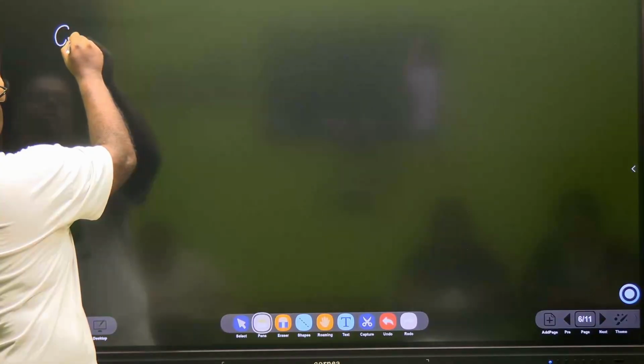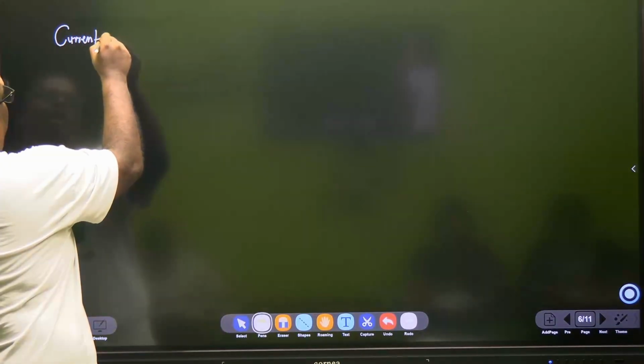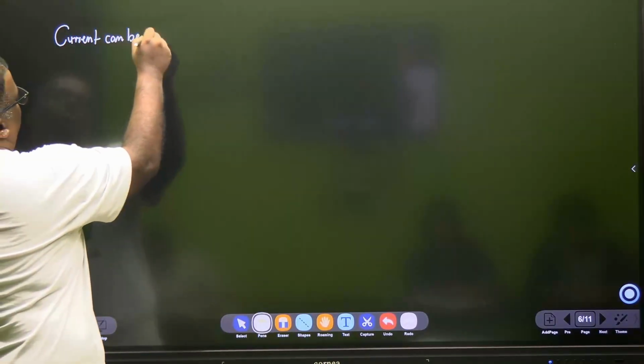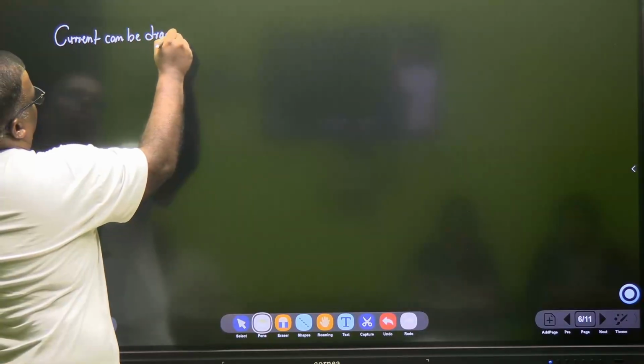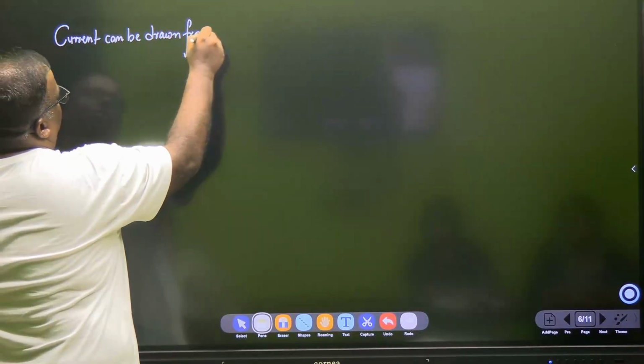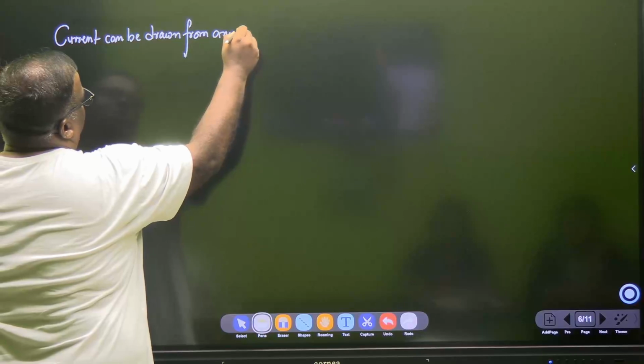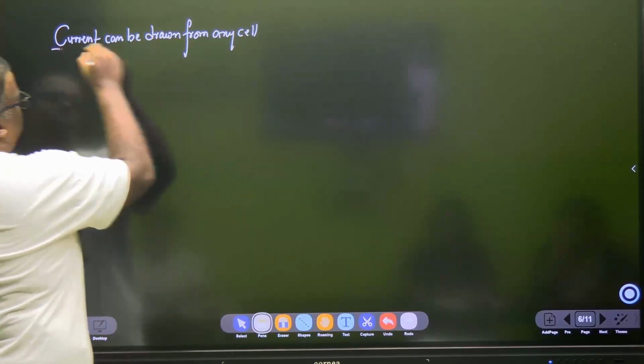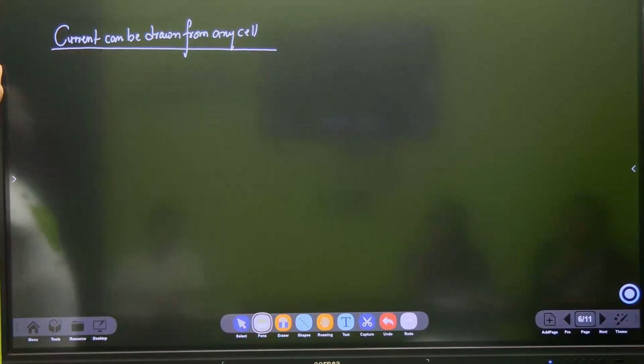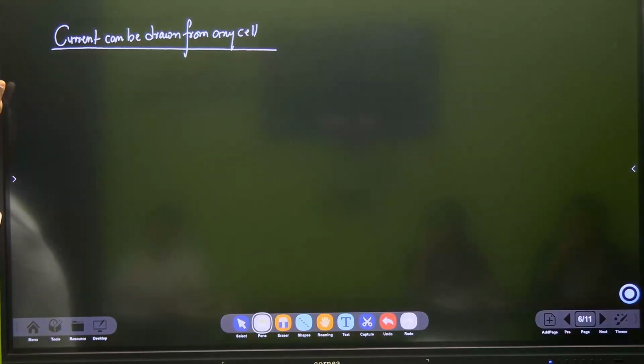Another thing that comes up is that current can be drawn from any cell. What do I mean by this? Suppose you are given a loop where there is more than one cell. We'll see some examples. They do not show you any current direction.